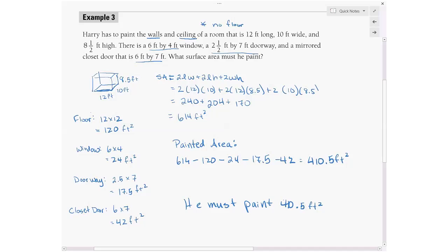This would be an important thing to know if you're going out to buy paint, especially if you're tinting it, you want to be able to get all the same color. You don't want to buy too much because now you've got this paint. What are you going to do with it? You don't want to buy too little because now you're going to have to make a trip back to the store. And especially if you've tinted it, now you've got to try to make sure the colors match.